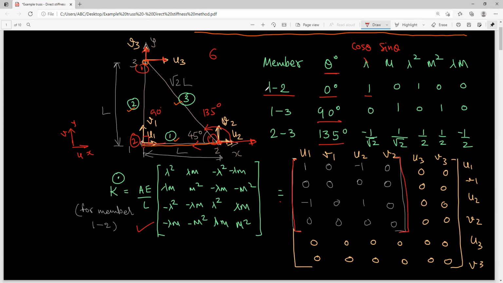Now for member 1-2, the forces and the deformations. The notation for the forces is, let's say, x1, y1, then x2, y2, and the corresponding displacement components are u1, v1, u2, v2. For convenience, I have noted down u1, v1, u2, v2, so that it says this matrix corresponds to node 1 and 2.